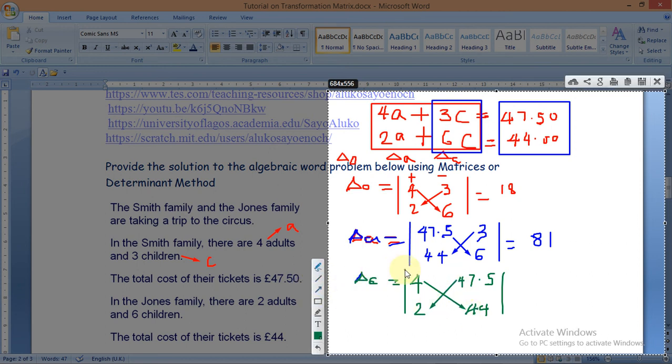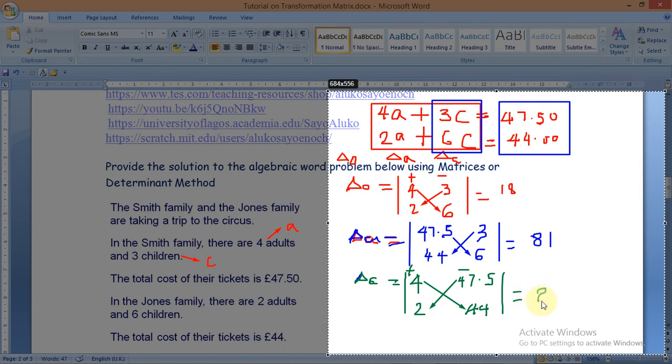So this is plus 4 times 44 minus 47.5 times 2, and if you do that, delta C should give me 81. Okay, I made a mistake there.